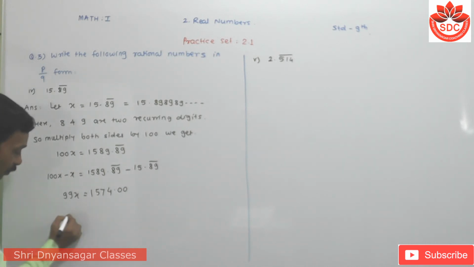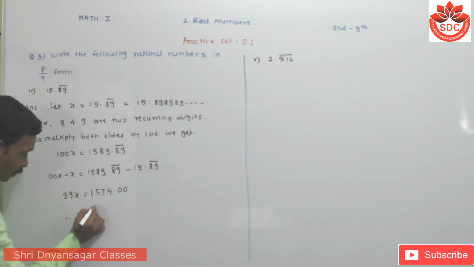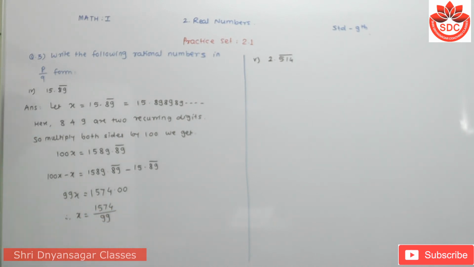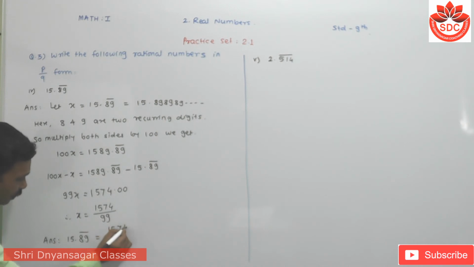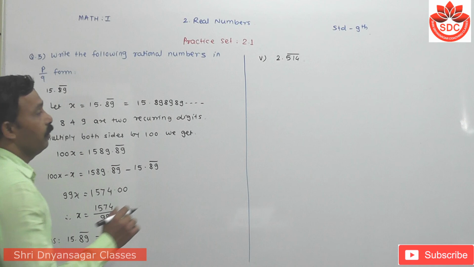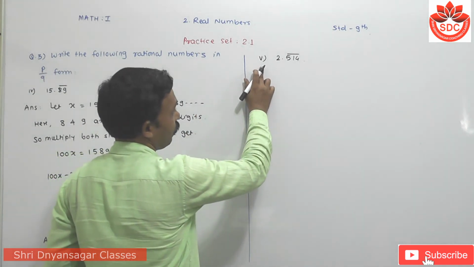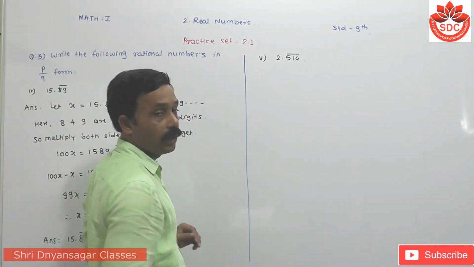Then this 99 goes to the other side, so x is equal to 1574 upon 99. Now this is in the form of p upon q, and this is our answer. So 15.89 bar is equal to 1574 upon 99.